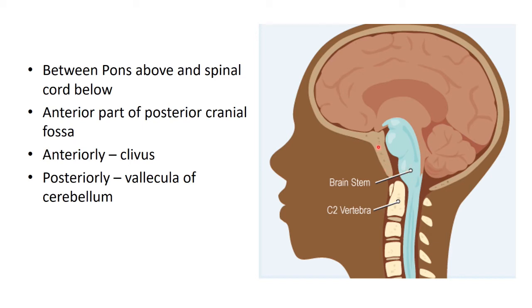Anteriorly, it is related to the clivus, the sloping portion in front of the foramen magnum, part of the occipital bone, that is called clivus. You might be knowing that already. Anteriorly, it is related to the clivus, whereas posteriorly, it is related to the vallecula of cerebellum.